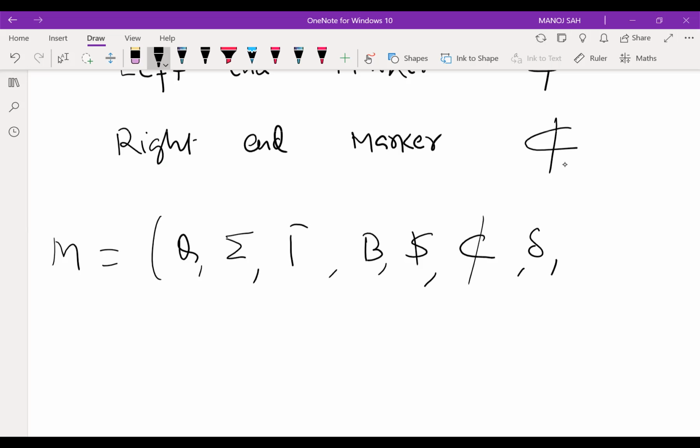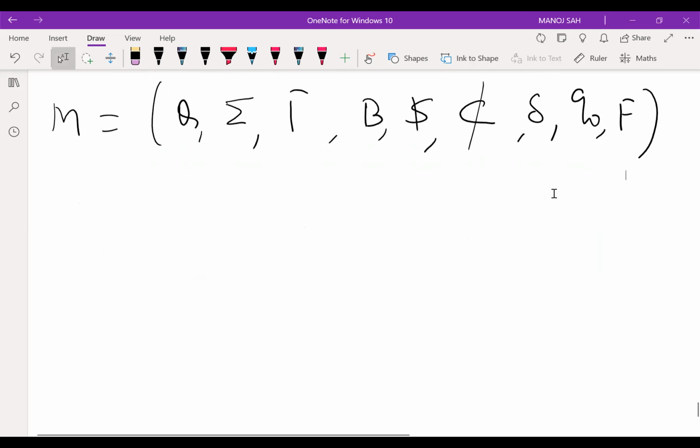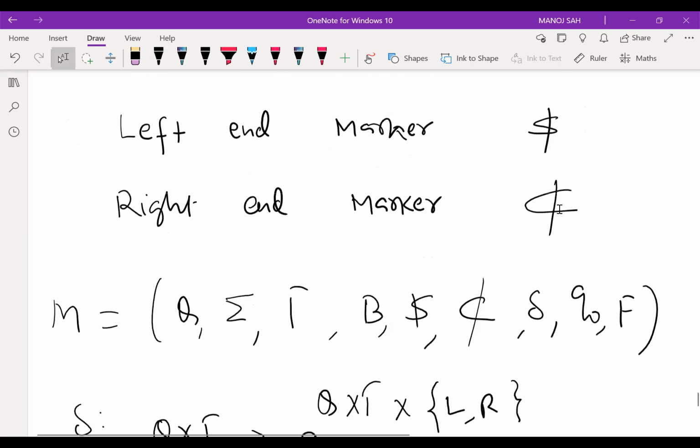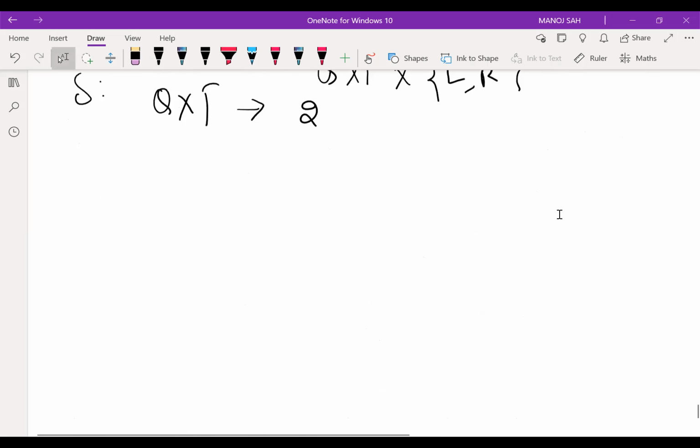There is a delta, there is q0, and there is F. This will be the notation, and the transition function will be Q cross tau to 2 to the power Q cross tau cross left or right. So there will be a left hand marker and a right hand marker. I hope you have understood.